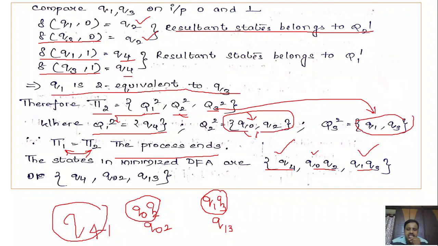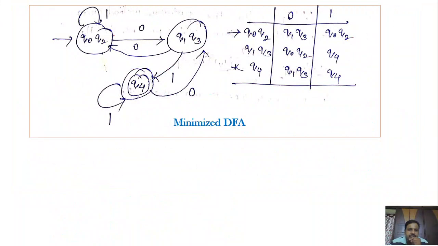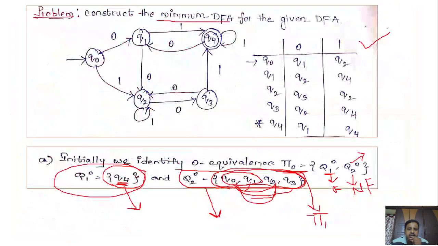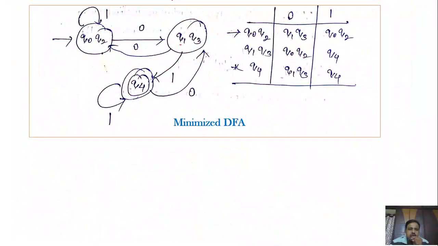Then specify the transitions. Those transitions you specify from the given DFA itself. In the DFA you can see Q0 on 0 goes to Q1, Q0 on 1 goes to Q2. Wherever you have Q1 as a member, make a transition towards that state. So Q0 on 0 has a transition towards Q1 in the given problem, so in the resultant DFA, wherever you have Q1 as a member, you make a transition towards that state.